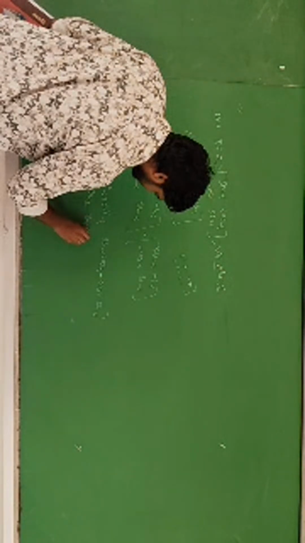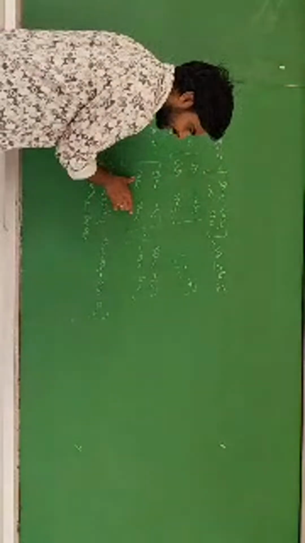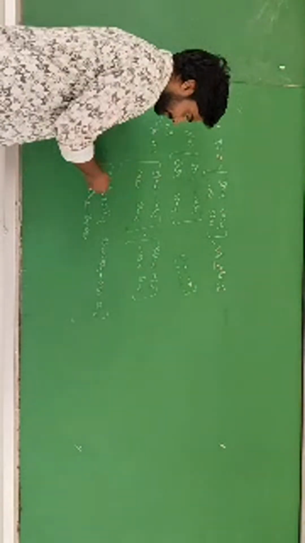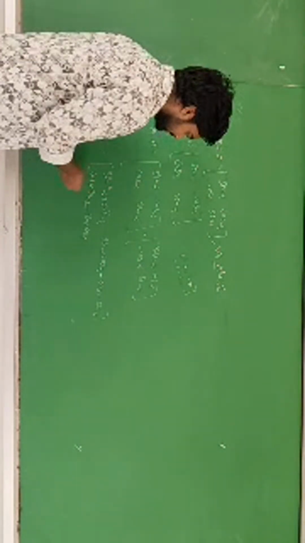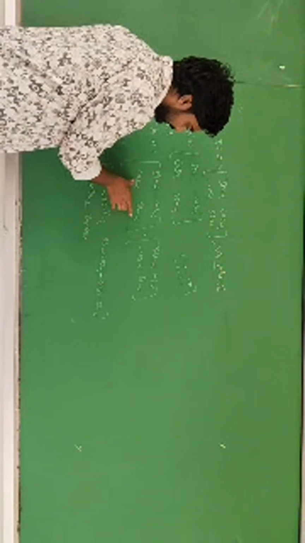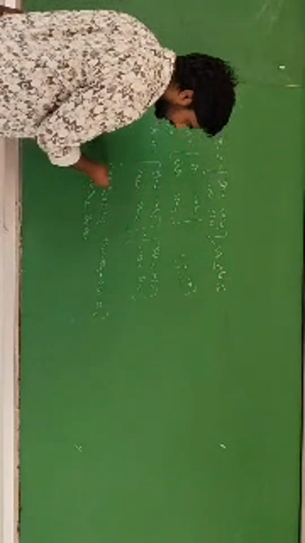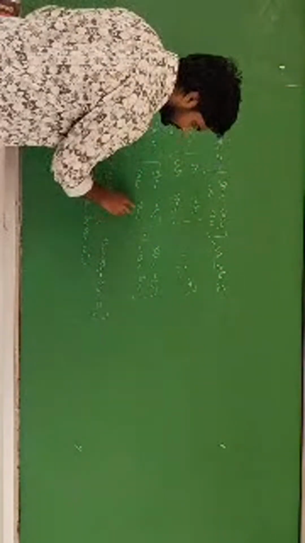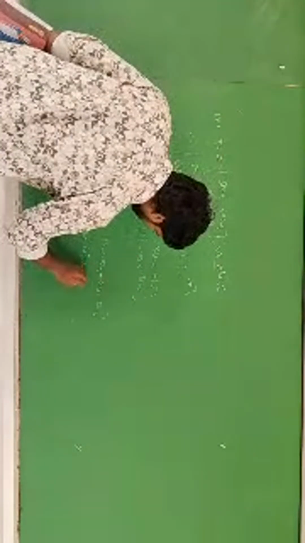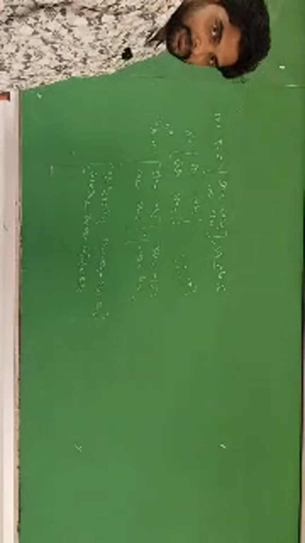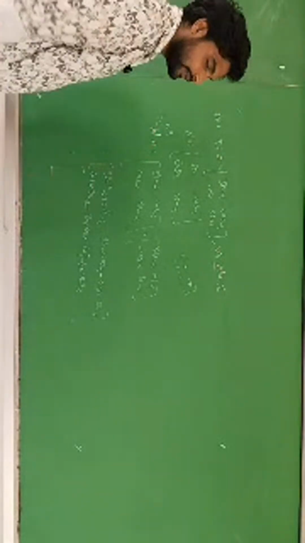Now the second row with the second column, as in matrix multiplication we perform row into column: cos into cos means cos square alpha, and sin into sin means plus sin square alpha. So finally this is the matrix after the A dash into A operation.